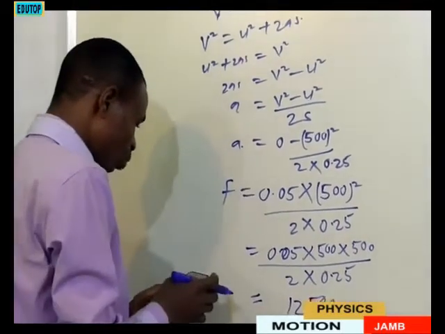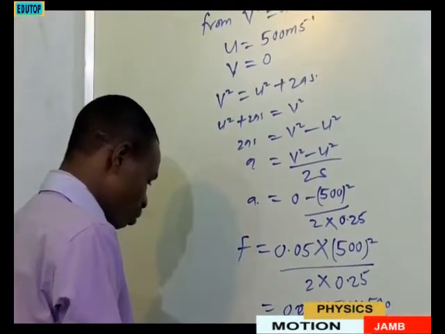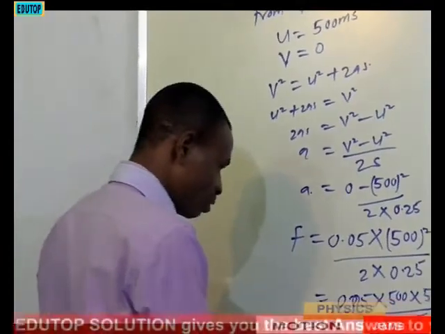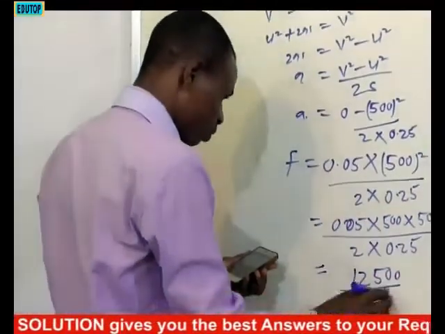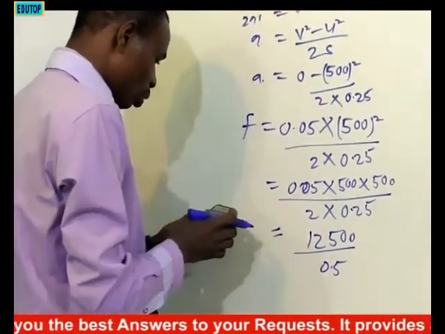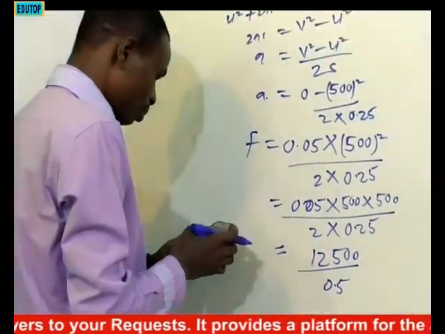Then the denominator, 2 times 0.25, we are having 0.5.